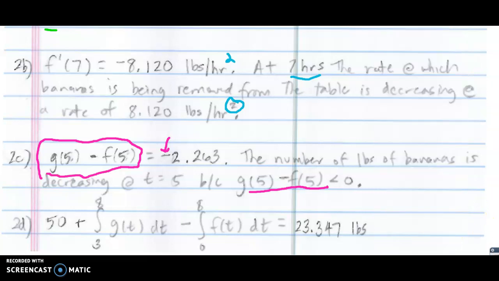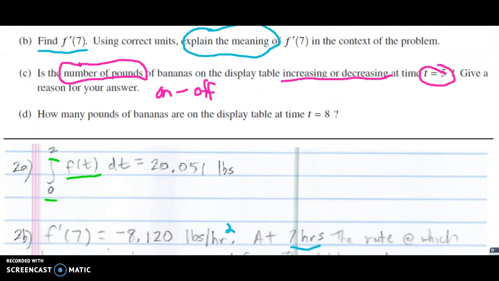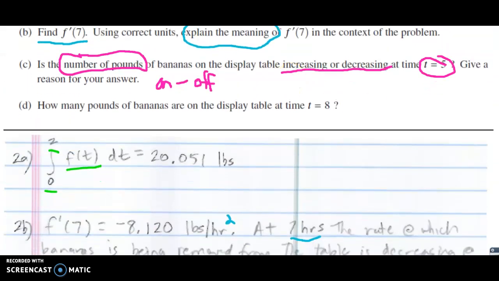And then lastly, let's go back up to letter D. So we know that we're going to be accumulating pounds of bananas on the display case at t equal to 8. Now remember, back in the prompt, they told us before the store opened at time 0, there were already 50 pounds of bananas on the table.